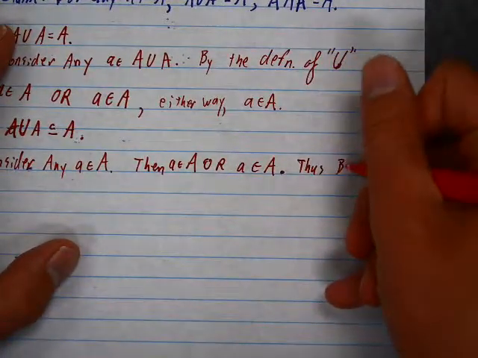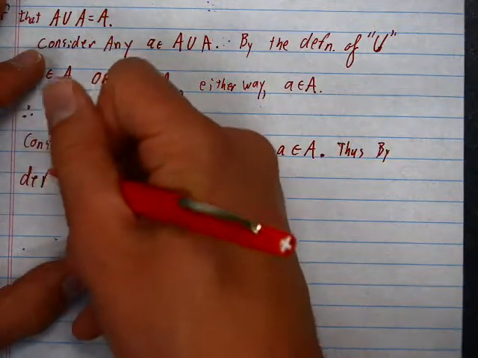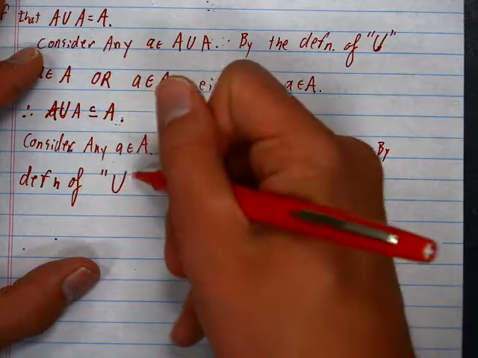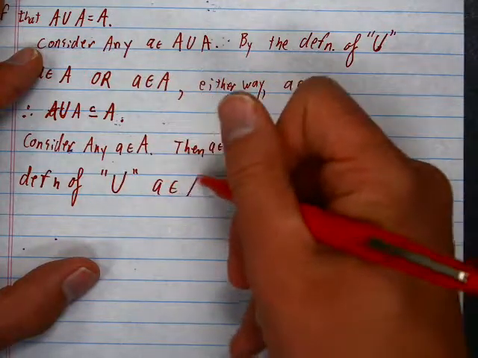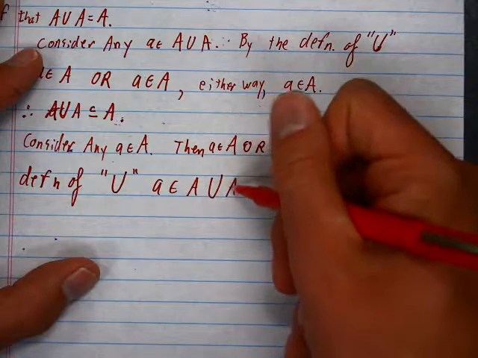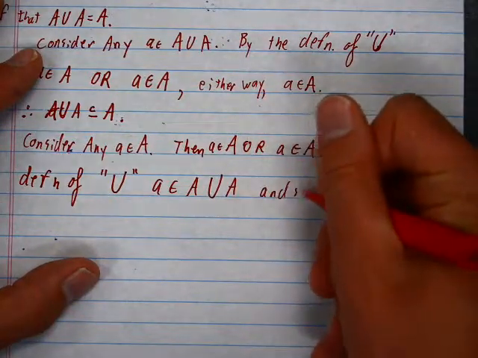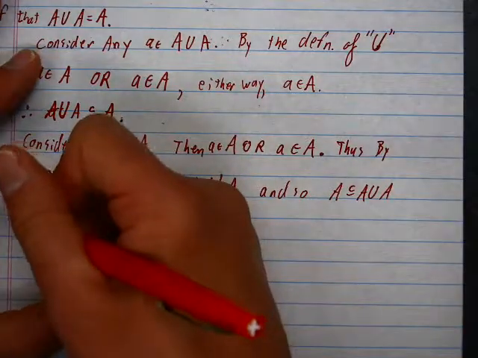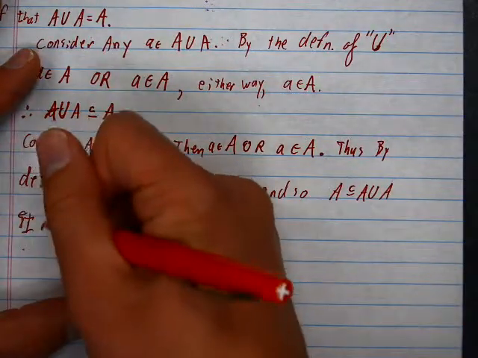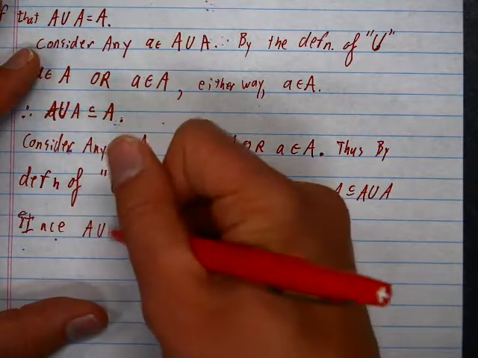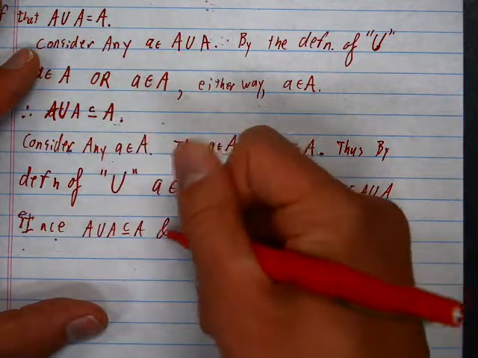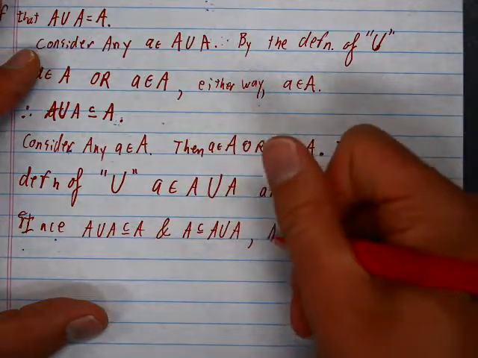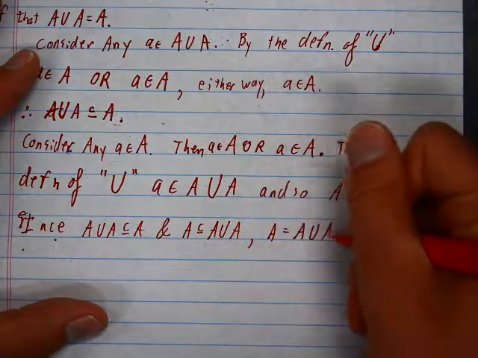Thus, by the very definition of union, a is in A union A, and so A is contained in A union A. Since A union A is contained in A, and A is contained in A union A, A is equal to A union A.